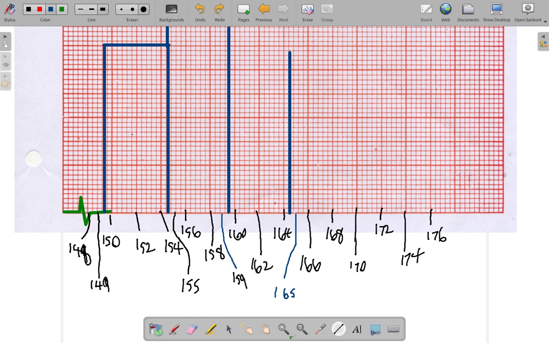So we would start our line halfway there. Let me try and get it more accurate and go up. I think it goes up to 29 or something like that. Alright, so that's the idea behind not starting the first bar above 150.